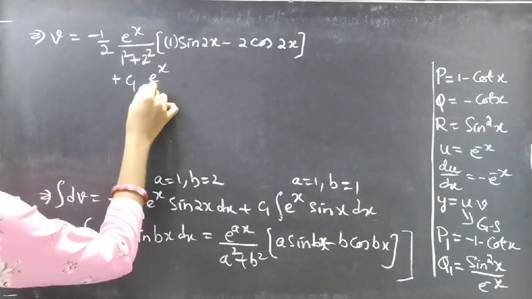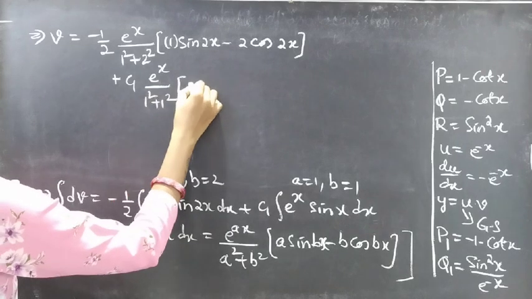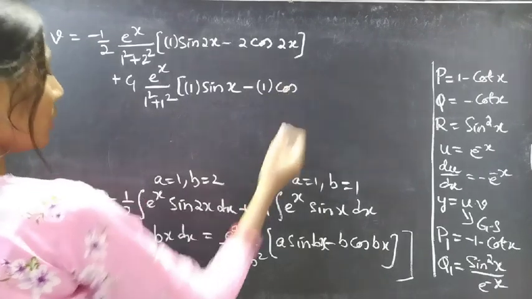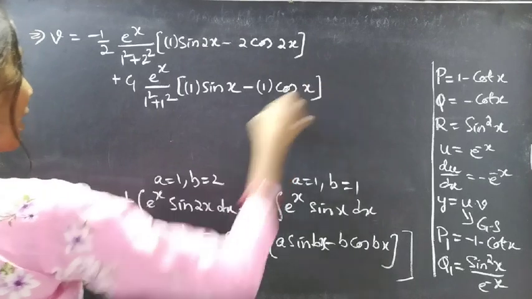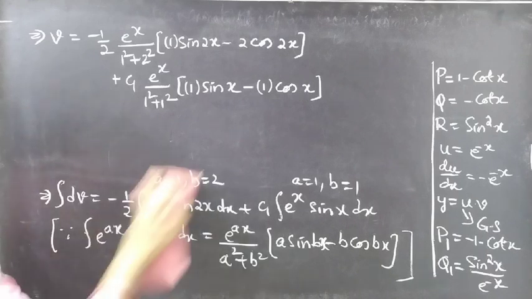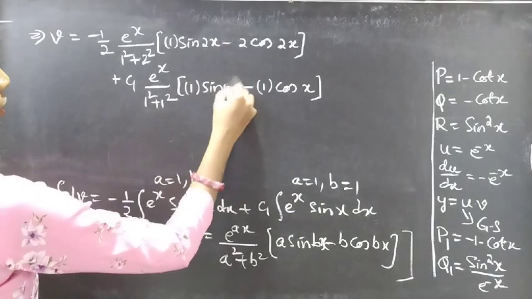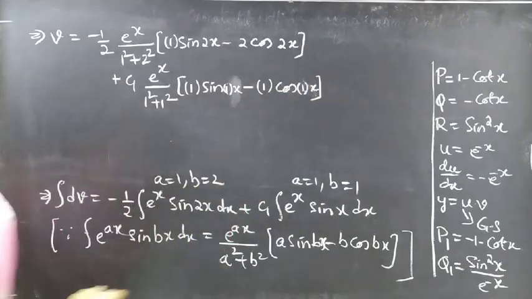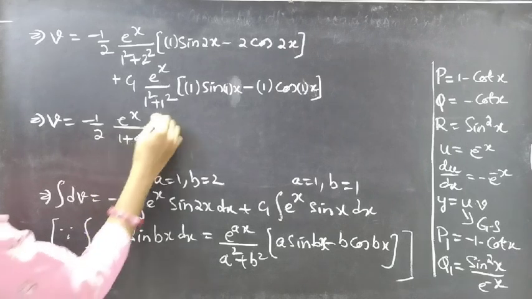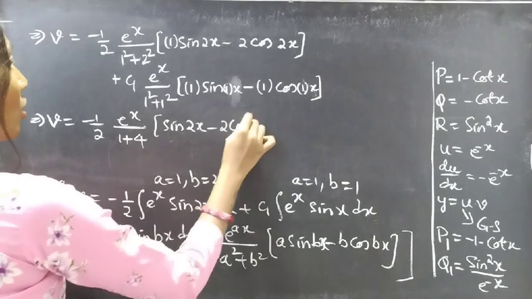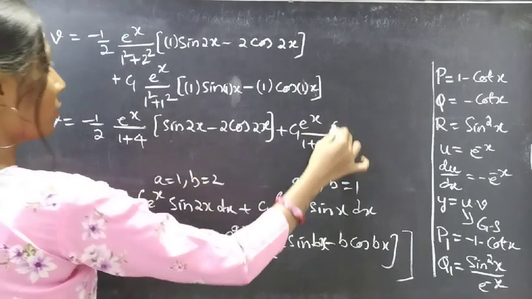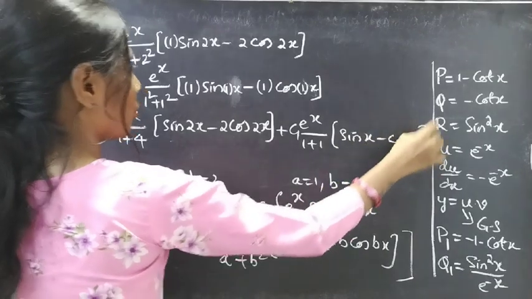e^(1·x) is e^x by 1 squared plus 1 squared into (1 into sin x minus 1 cos x). Then v equals minus 1/2 into e^x by (1 squared plus 2 squared, that is 1 plus 4) into (sin 2x minus 2 cos 2x) plus c1 into e^x by (1 squared plus 1 squared) into (sin x minus cos x).